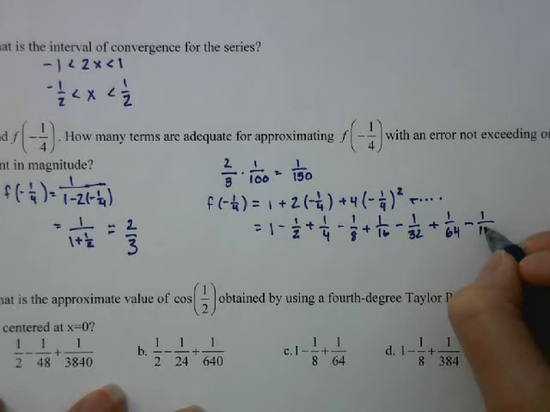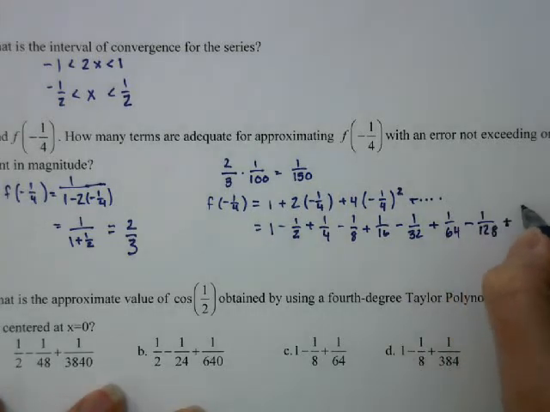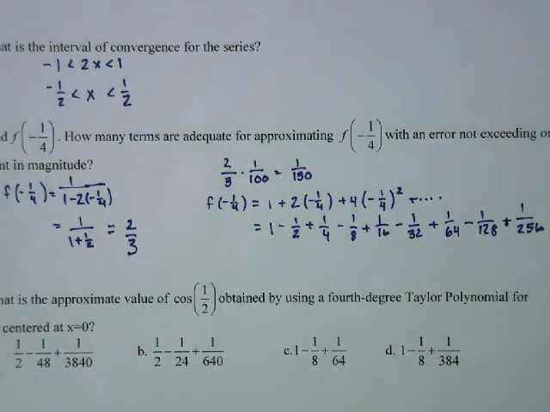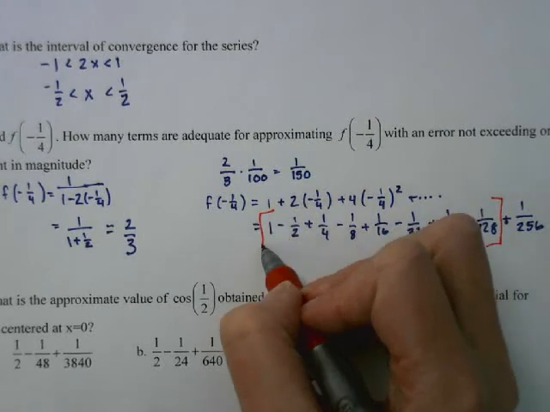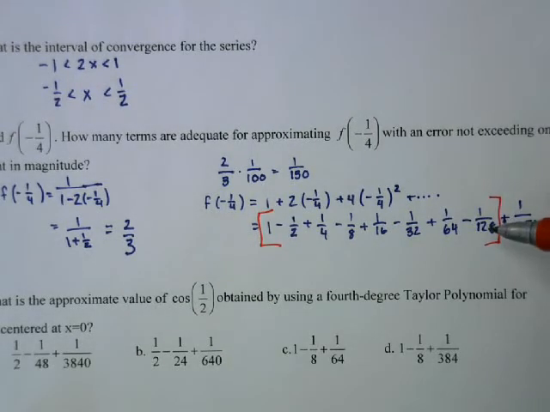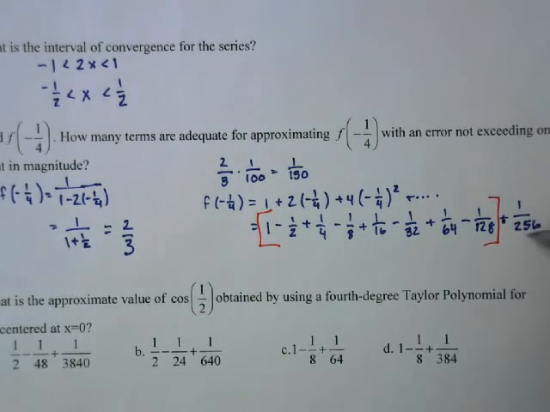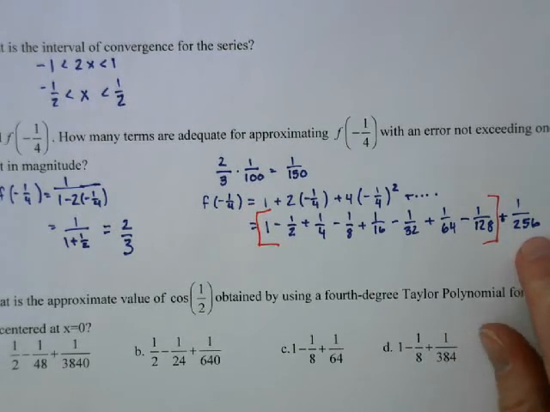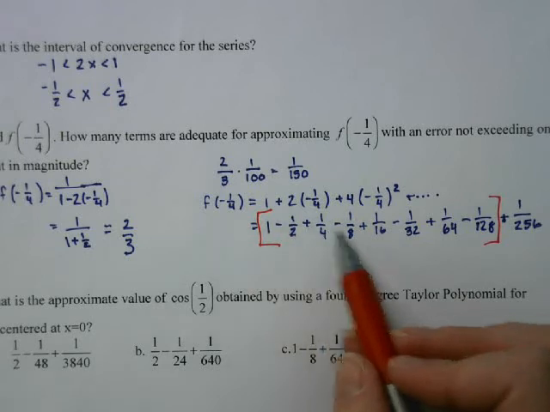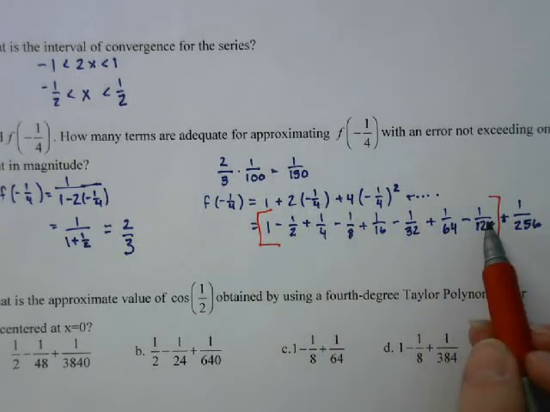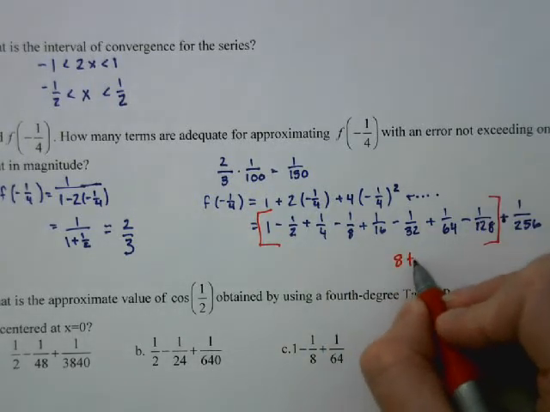Okay, we're getting close. 1/128. The next one is 1 over 256. So since the error is approximated by the next term, that's how many terms I need to be that accurate, because this would be my error, and my error would be less than 1/150. So this is 1, 2, 3, 4, 5, 6, 7, 8 terms that we need to add.